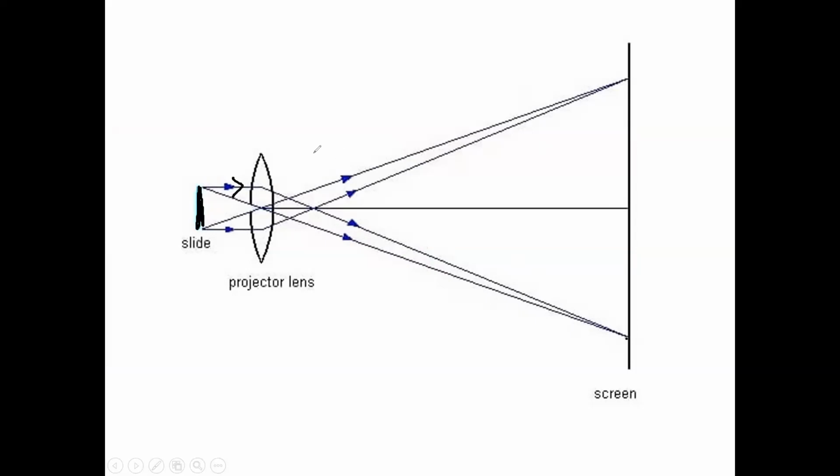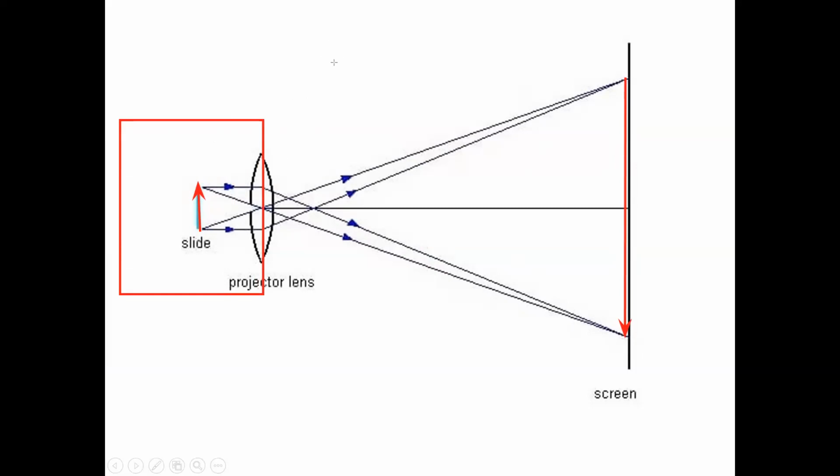So if this was an object, it will produce an enlarged image on the screen. That's how the projector works. It increases the size of the image which we see on the screen.